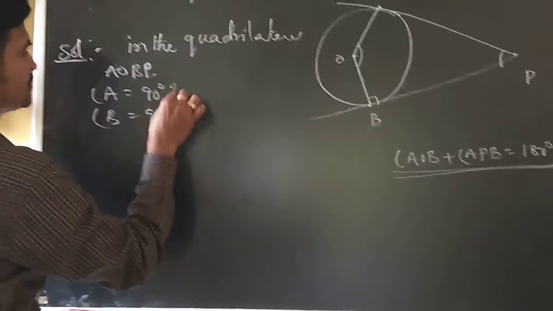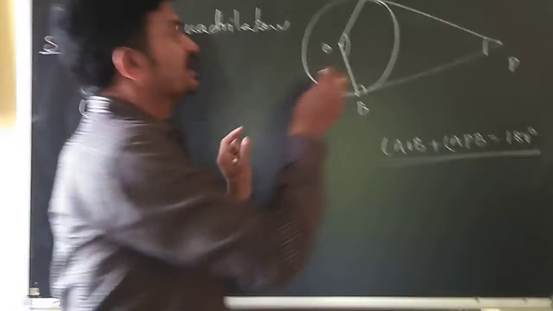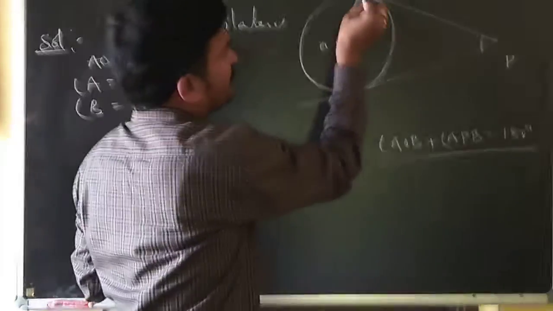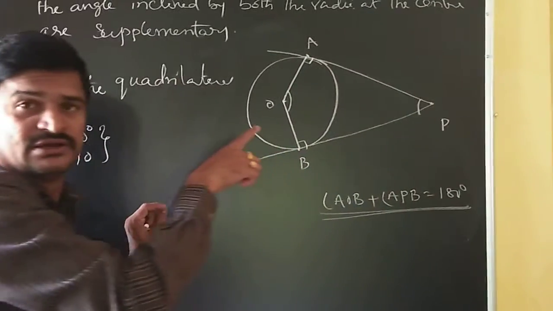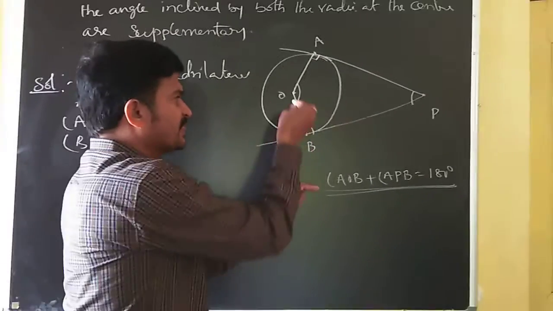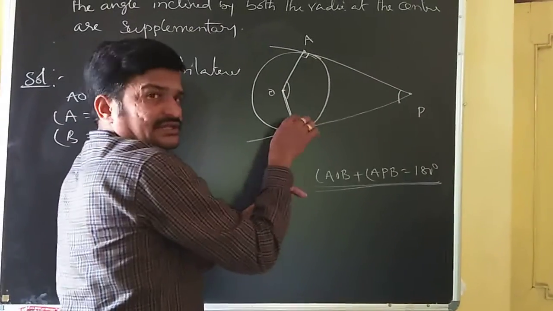How will these two angles be 90 degrees? That one we have learned. What is it? The angle between the radius and the tangent at the point of contact is a right angle, or not? That is the theorem we have learned already in our earlier classes. The angle between the radius and the tangent at the point of contact is a right angle.